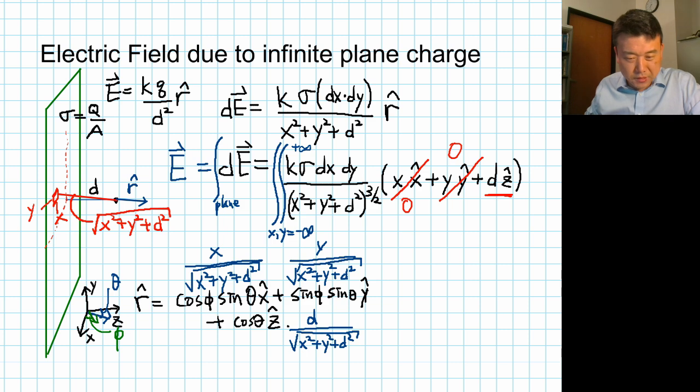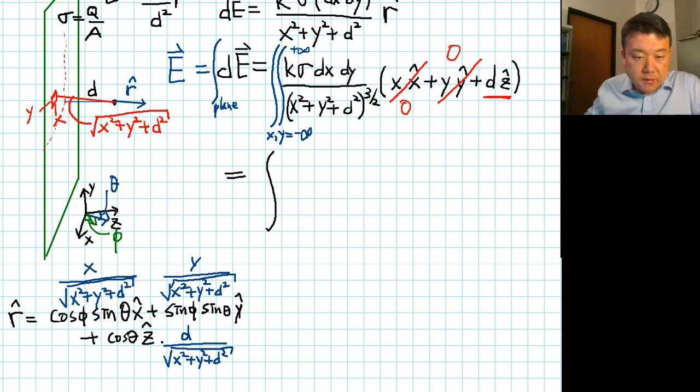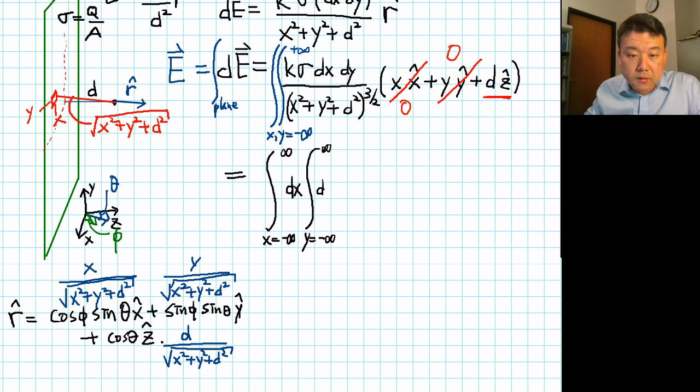Let's move those expressions first. Okay, so we are going to write the simplified version. So we have the integral with respect to x going from negative infinity to positive infinity. Let me pull out dx up to this far, because the dx doesn't depend on y. And that comes after having done the integral with respect to y, evaluated from negative infinity to positive infinity dy.